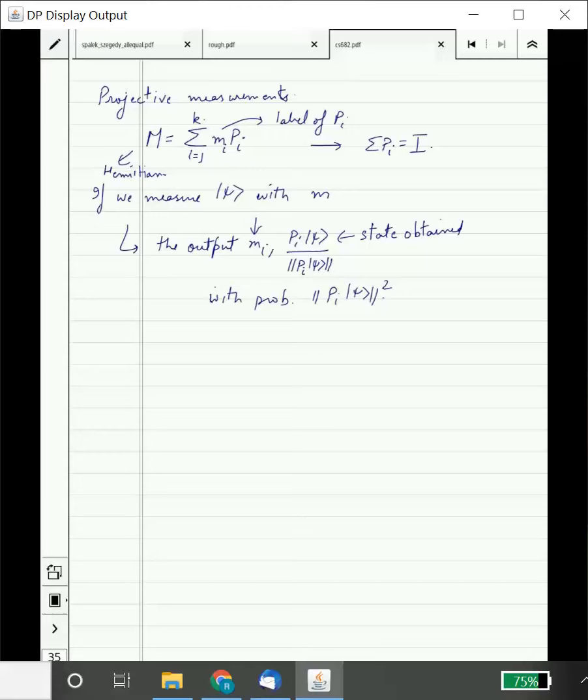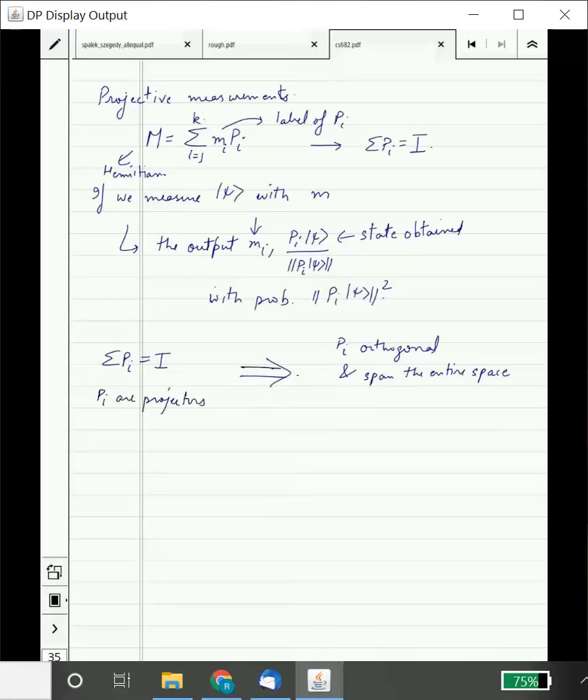Your question might be, here I have just given the condition summation Pi equal to identity. On the other hand, I wanted the Pi to be orthogonal and they should have spanned the entire space. This was the condition before. It turns out that the fact that the Pi are projectors and summation Pi is equal to identity actually implies this.